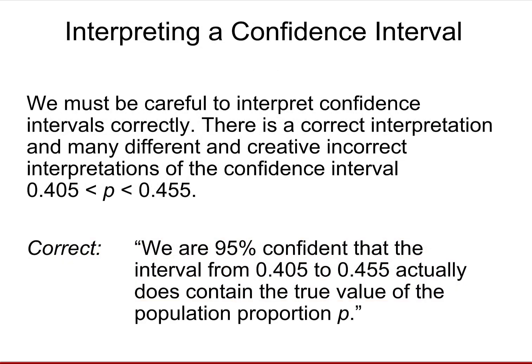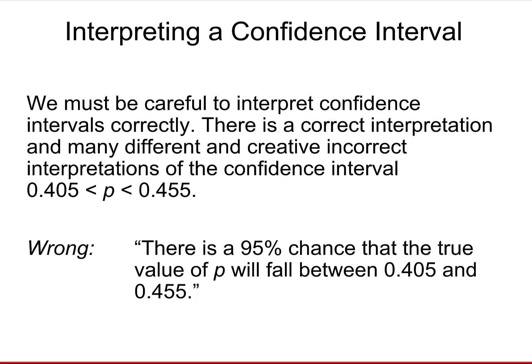We must be careful to interpret the confidence intervals correctly. There's a correct interpretation and many different and creative incorrect ones of the confidence interval that we just obtained for the Facebook users. The confidence interval there goes from 0.405 to 0.455. The correct interpretation: we are 95% confident that this particular interval, which goes from 0.405 to 0.455, actually contains the true value of the population proportion.